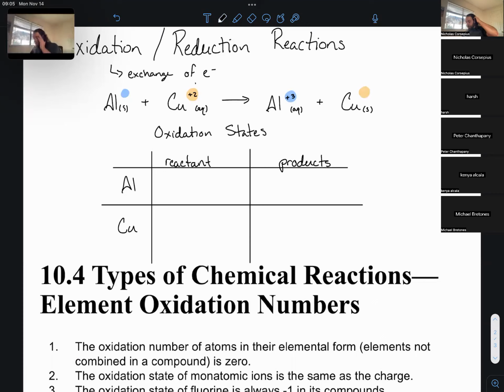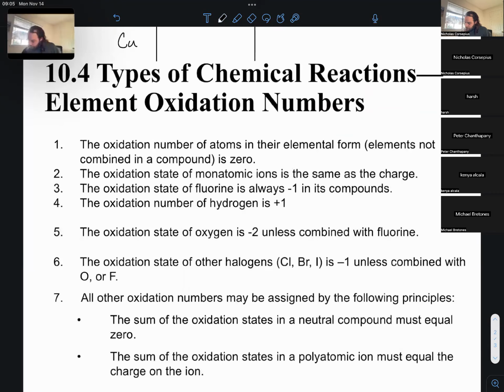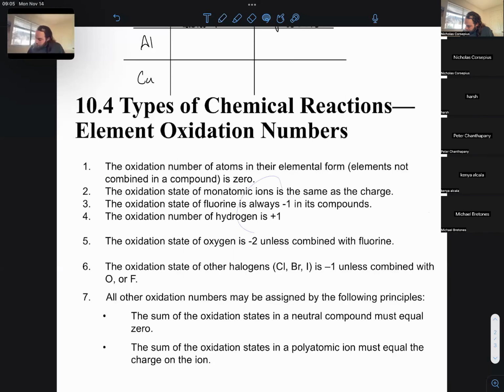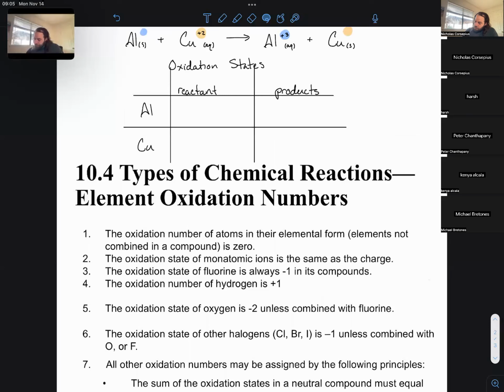Okay, so there's a set of rules that we have to apply here. Let's go through these one by one, looking at our chemical equation. The very first rule says that the oxidation number of an atom in its elemental form, meaning it's all by itself and not paired with anything, is going to be 0, right?